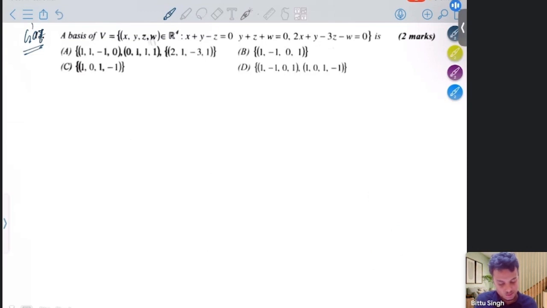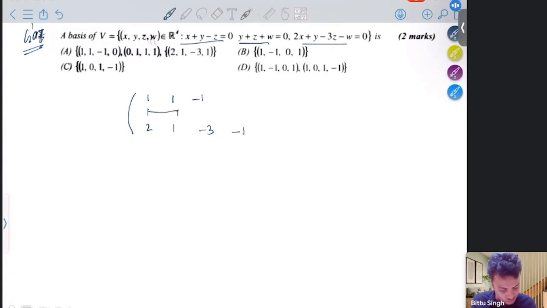Let us consider this question. Here the vector space is given by the solution of those three equations. So V is the subspace. The vector space is given by the solution of this matrix, with rows 1 1 minus 1 and then 1 1 1 2 1 minus 3, and there is another variable W, with coefficient minus 1.